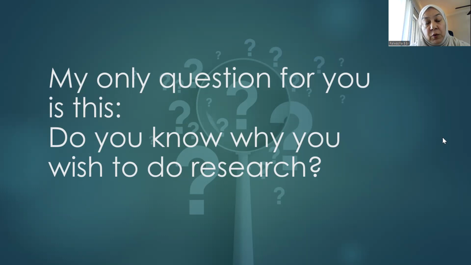And let me tell you that if you are doing research and if you are giving time to something, then you have to be sure that you are doing your best, that you're not wasting time. That is extremely important, that you know why you want to do research, because that is the basic motivation and the basic drive behind doing research.